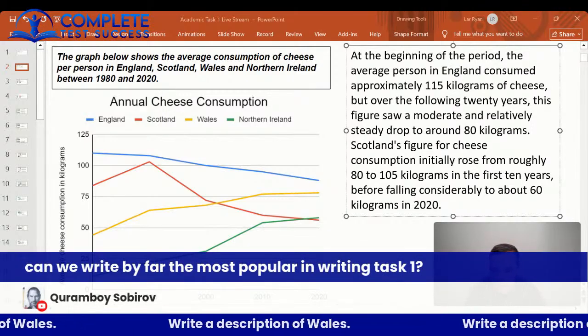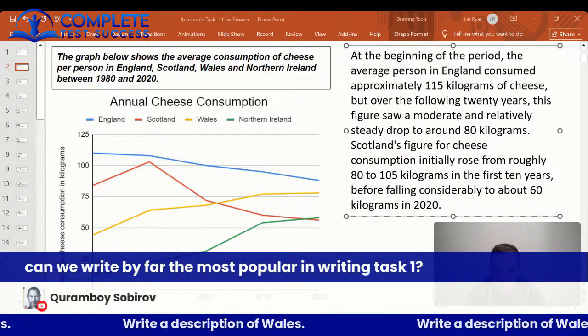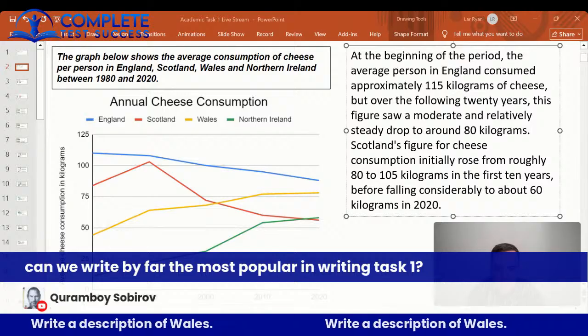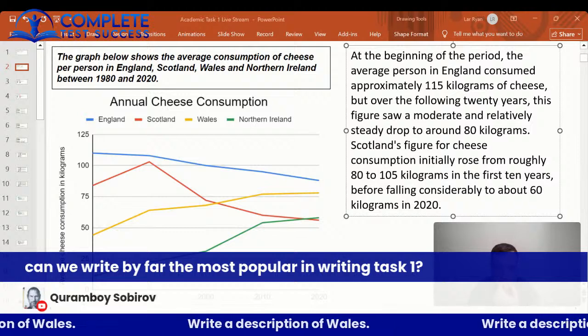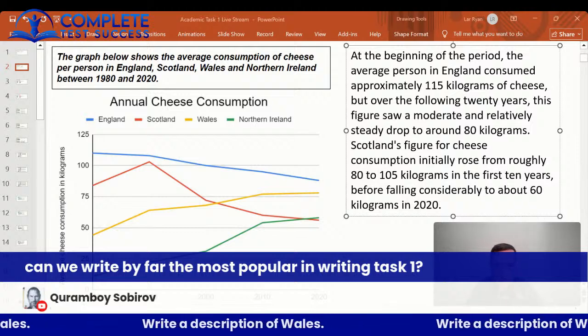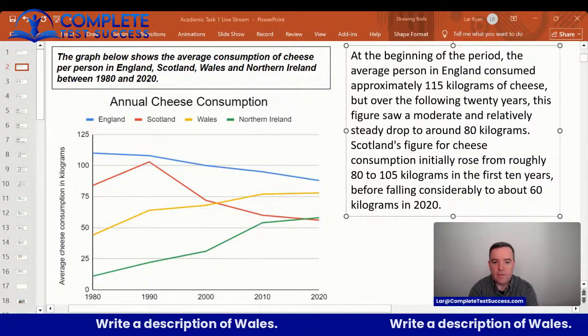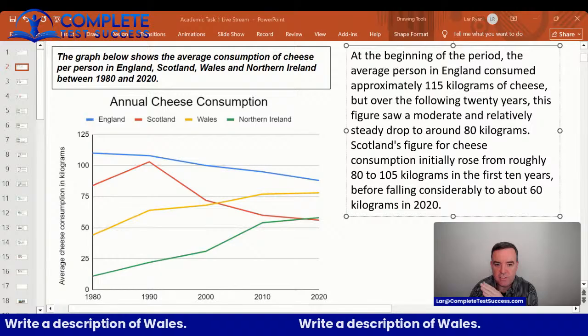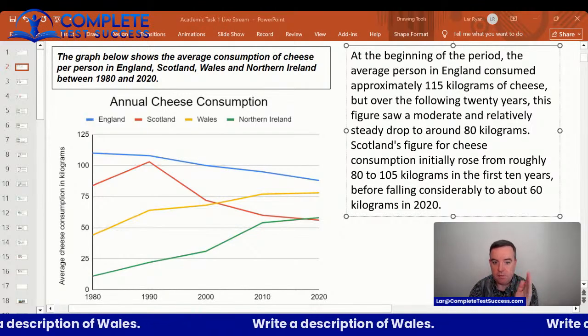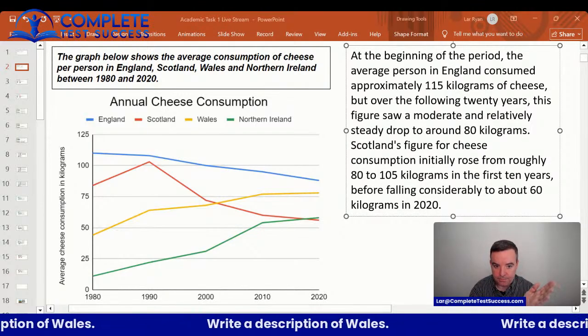Can we write "by far the most popular" in writing task 1? You can, but not for this question. But let's say we had a question about the percentages of people who like football most.